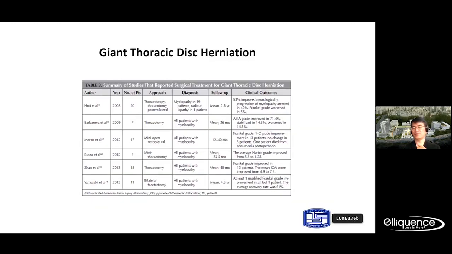So if you search the articles on the treatment options of giant thoracic disc herniation, these 6 papers are all before. Almost all cases are thoracotomy, bilateral facetectomy, mini thoracotomy, open thoracotomy, like that.